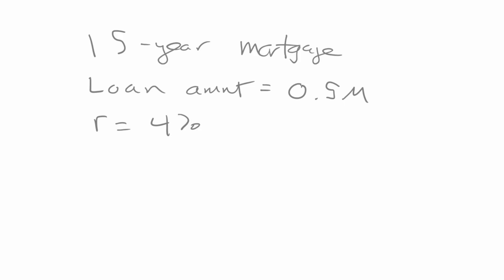So in solving this problem, we are setting C so that the value to the bank is correct. So the present value is the loan amount. The present value has to equal C times the annuity factor for 15 years at 0.04.